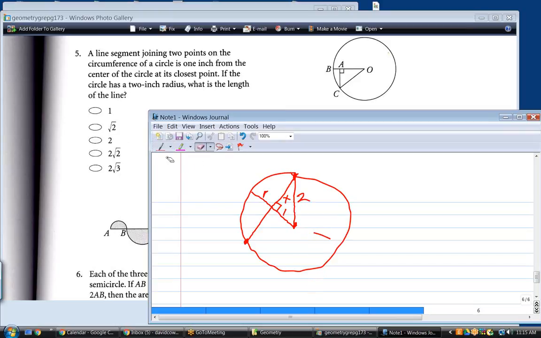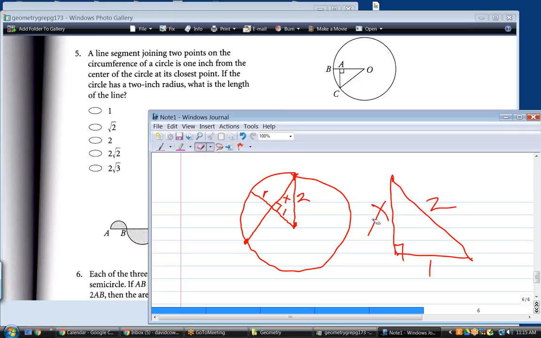So, now why is this a triangle problem? Because here's the triangle we're looking at. A right triangle. It's a right triangle because we know that's a right angle. This side is 1. This side is 2. Give it to me. What's this side we're trying to solve for?